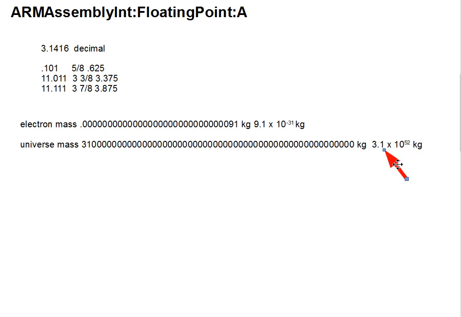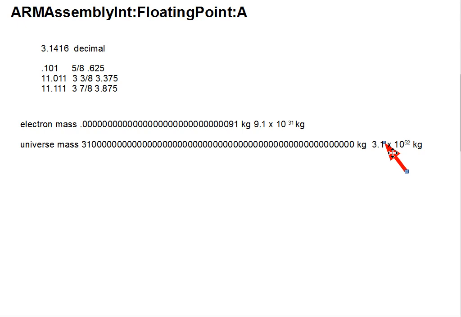The exponent, minus 31 or positive 52, determines the size range. More mantissa digits provide greater accuracy, if I had more digits here, and more exponent digits provide greater range. Typically, the mantissa digits are more important since 2 or perhaps 3 exponent digits are sufficient for all practical purposes.